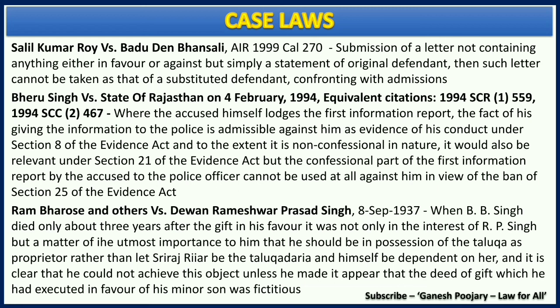The second case law, Bheru Singh versus State of Rajasthan, is one of the most important or landmark case laws as far as section 8, section 21 and sections 24 to 30 along with section 25 of the Evidence Act, because all of them are discussed here.